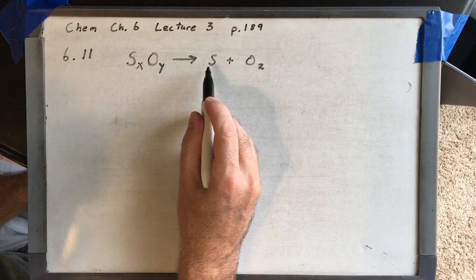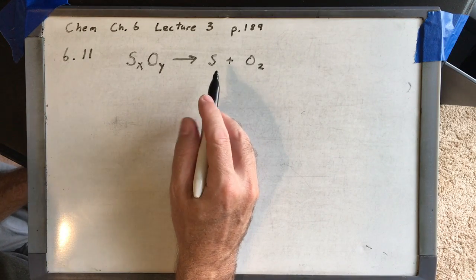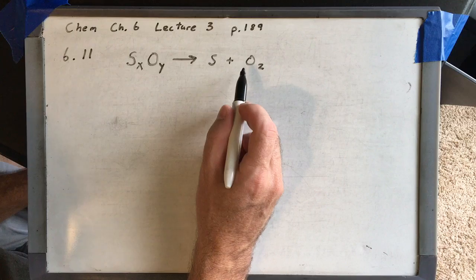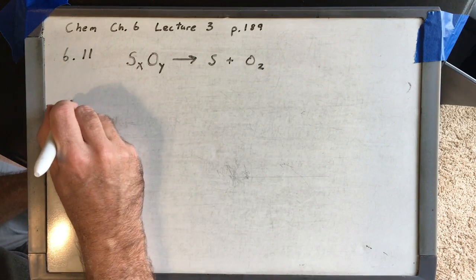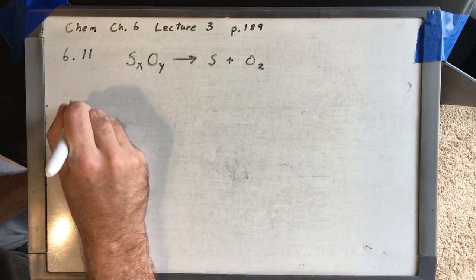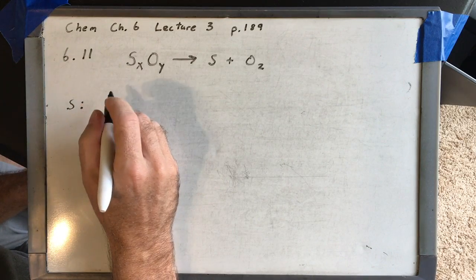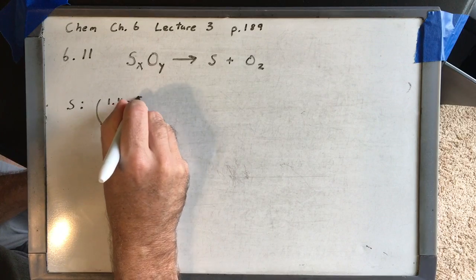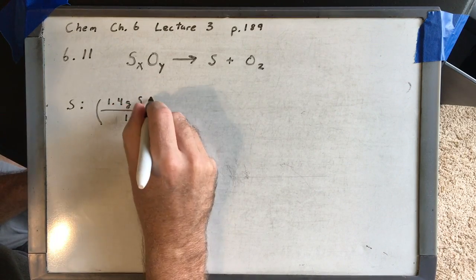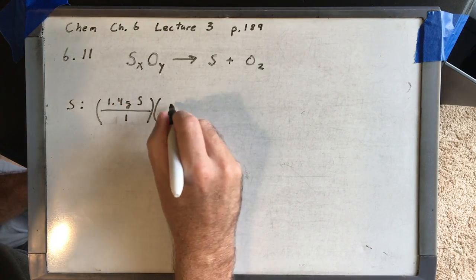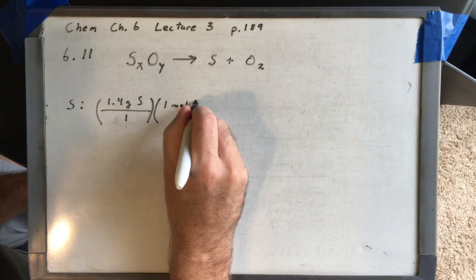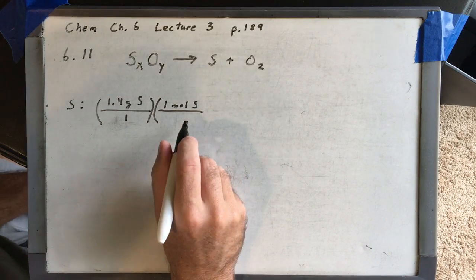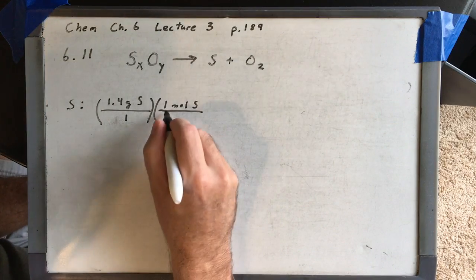Okay, so now we're going to use the numbers in the problem to figure out the moles of sulfur and oxygen. So for sulfur, we have 1.4 grams. We've got to go to moles. So 1 mole of sulfur, you look it up on the periodic table, it is 32.1.